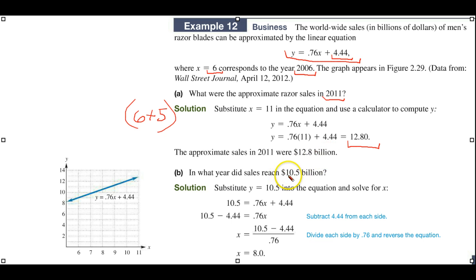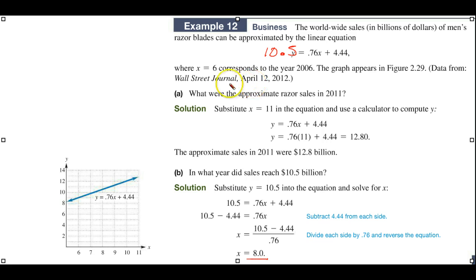So what year would they reach this? Well, here we have to substitute this for our y up here. Let's clear it up. Our y is going to be 10.5, and we have to solve for x. So when we do that, and they are doing it here, we get x is 8.